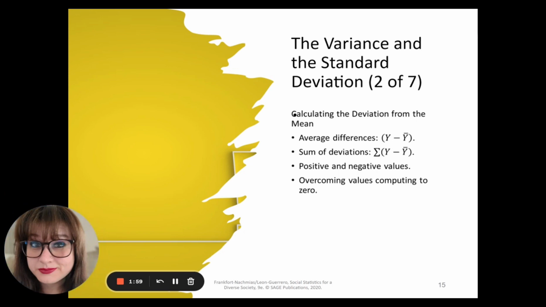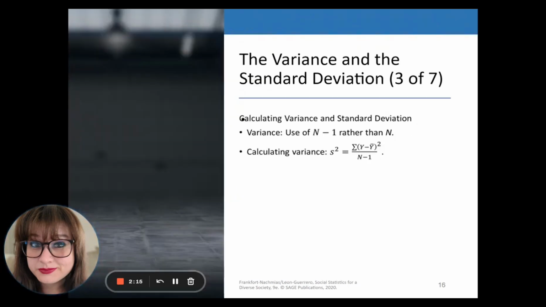Those absolute values can be difficult to work with mathematically. So when we square them, it makes it a little easier to work through. But that's important to think about as we're moving forward.